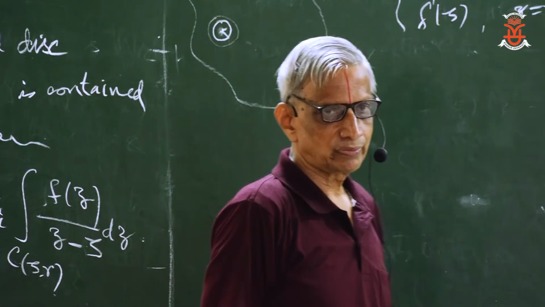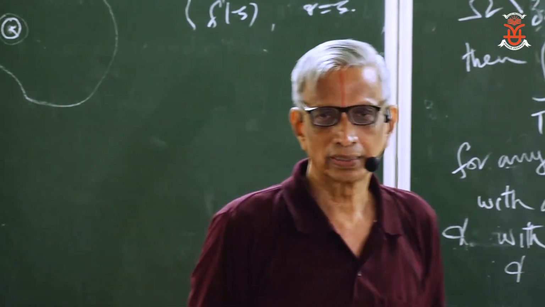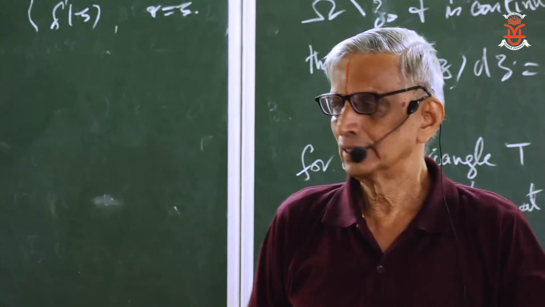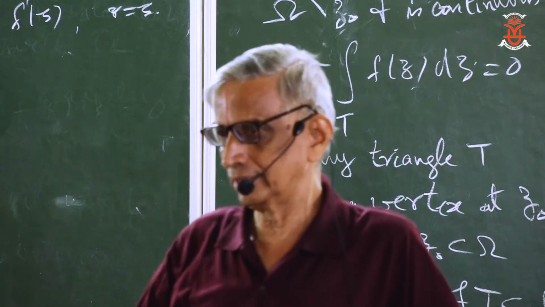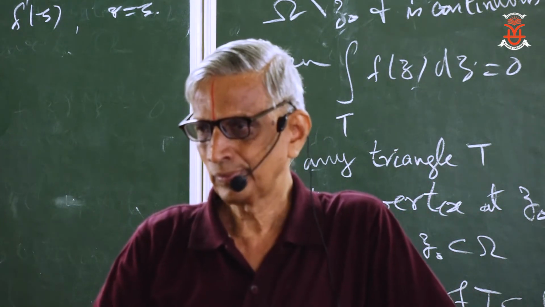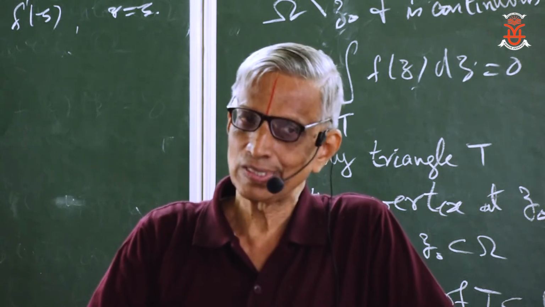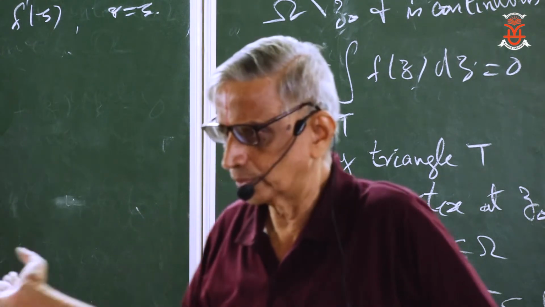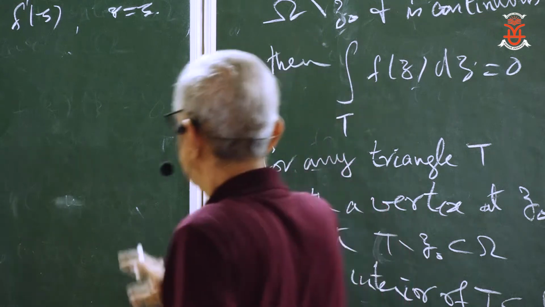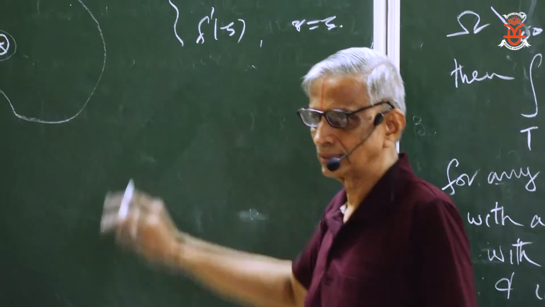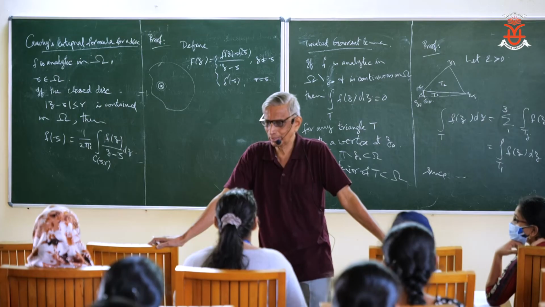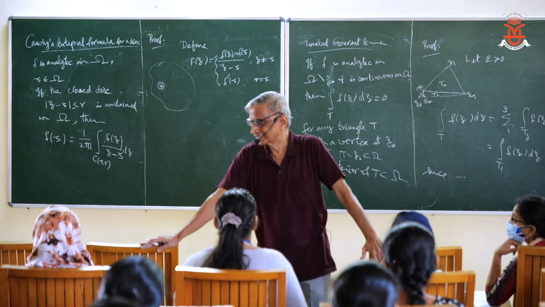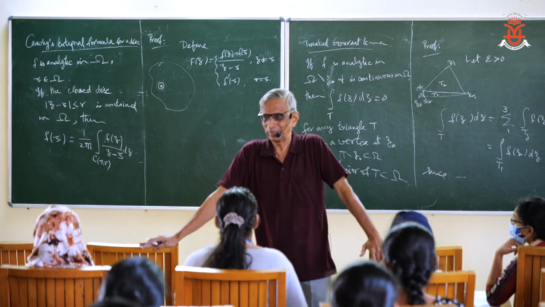So what can you say about this function capital F? It is analytic everywhere except possibly at zeta. What happens at zeta? It's continuous, right? Because the limit of this is this. Improved Cauchy theorem for the disk, let's say, right?